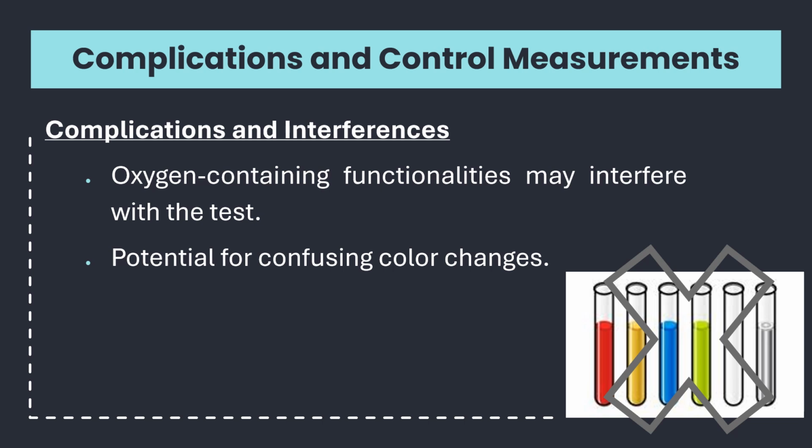So it is advisable to use pure samples and control for any potential interfering substances, and also it is worth noting that dry conditions ensure that water does not interfere with the reaction, as moisture can hydrolyze aluminum chloride and disrupt the electrophilic mechanism.